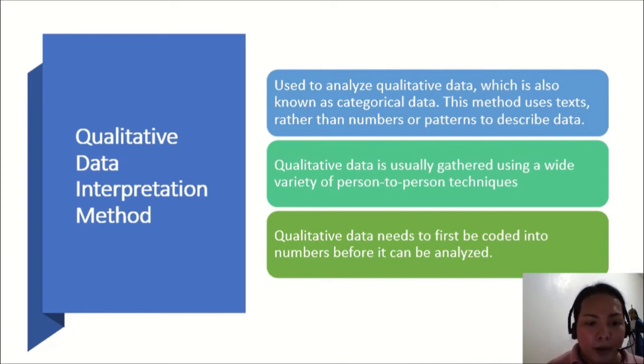This is because texts are usually cumbersome, heavy and difficult, and will take more time and result in a lot of errors if analyzed in their original state. Coding should also be documented so that it can be reused by others and also analyzed.